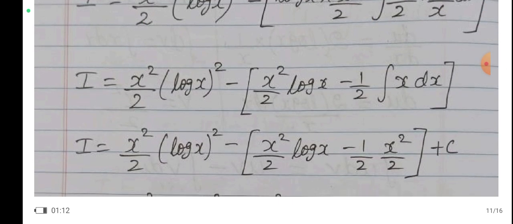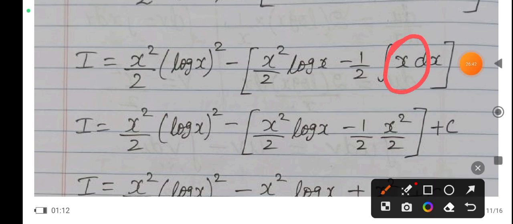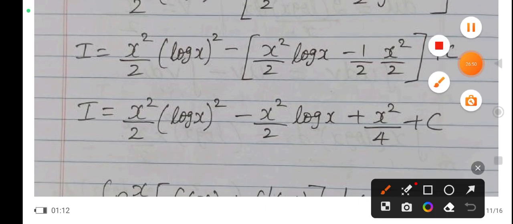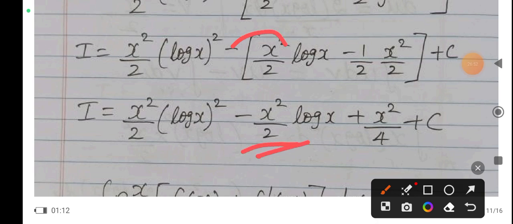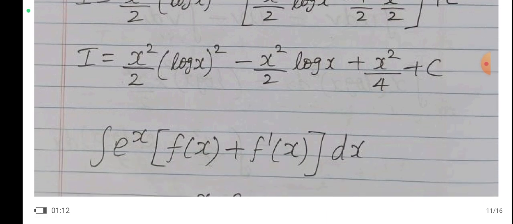So what we want to do for that x integration now, x square by 2. Clear, check. Then the next step you have to multiply the minus inside, minus x square by 2 log x. Then again minus inside, minus into minus plus x square by 2, 2s are 4, plus c. Clear, check children all of you.